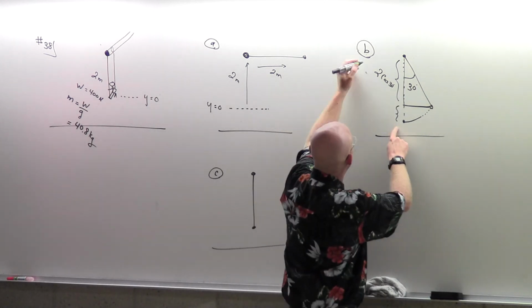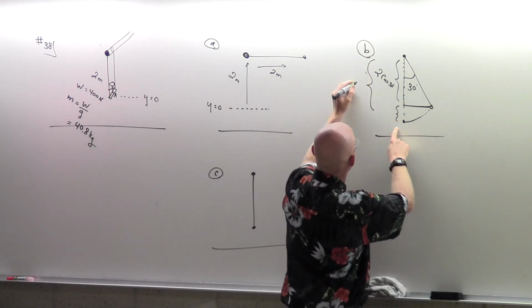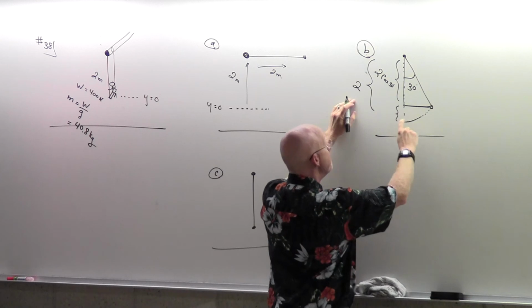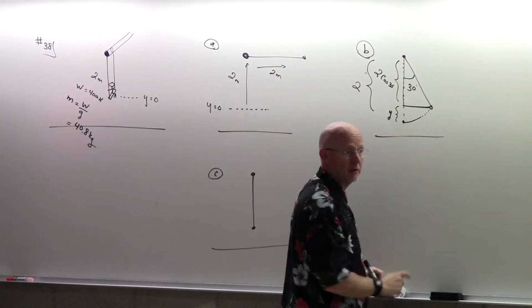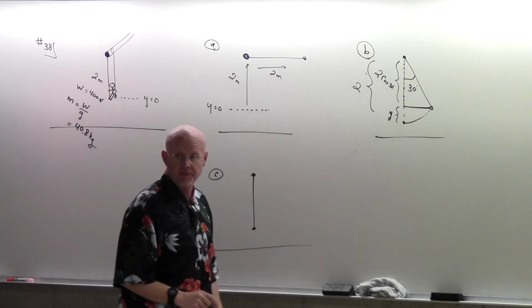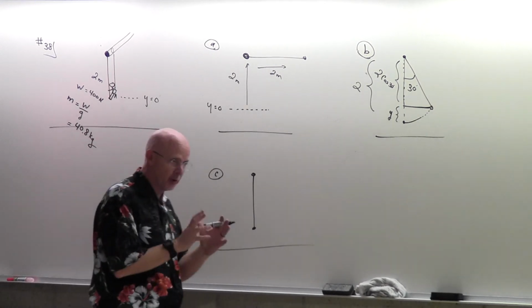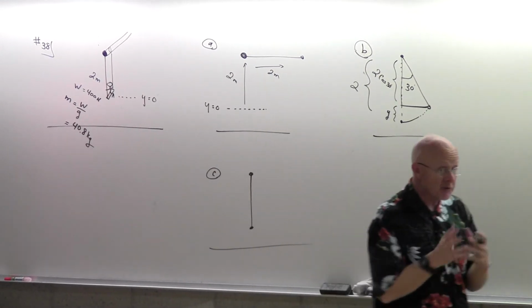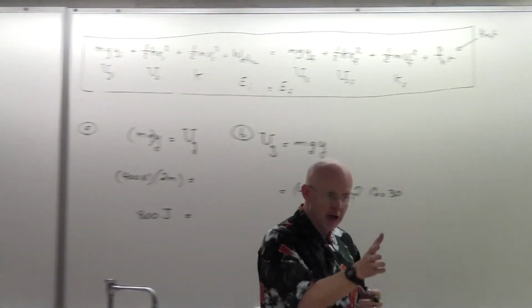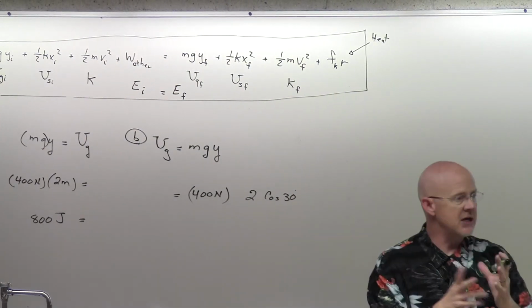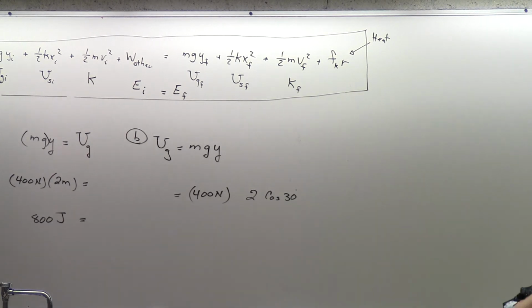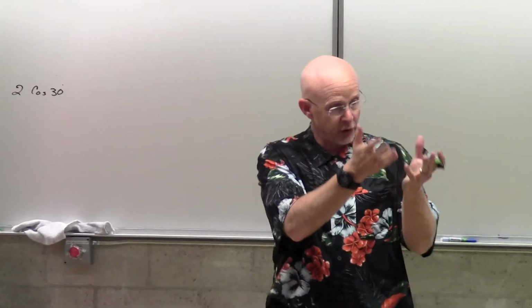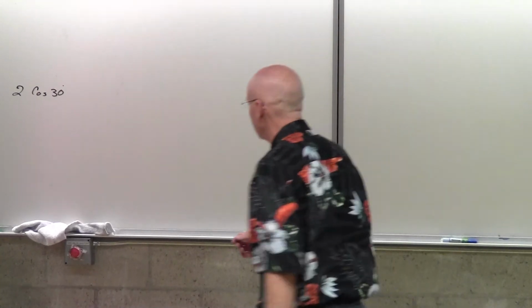And that piece would be the whole length, 2 meters, minus this length, which would give me my y. So again, dealing with gravitational potential energy, it's not supposed to be hard. I'm trying to illustrate, you don't have to pay any attention to the horizontal motion. That's what's going to make it easy. You do have to pay attention to the vertical height, and then of course you have to do your geometry to make sure you have the right vertical height.